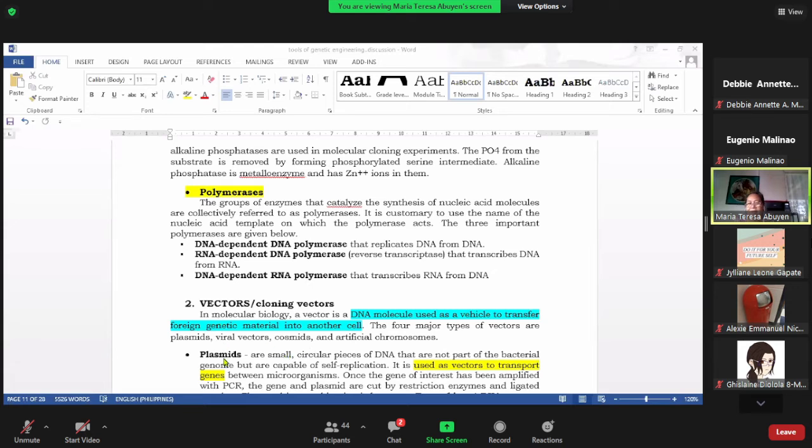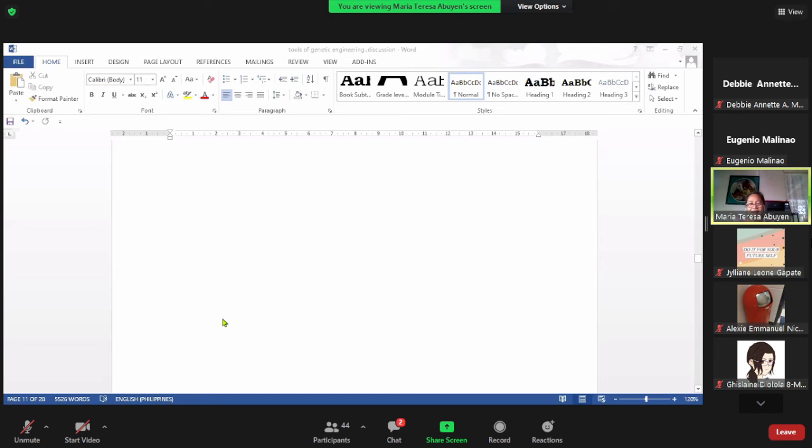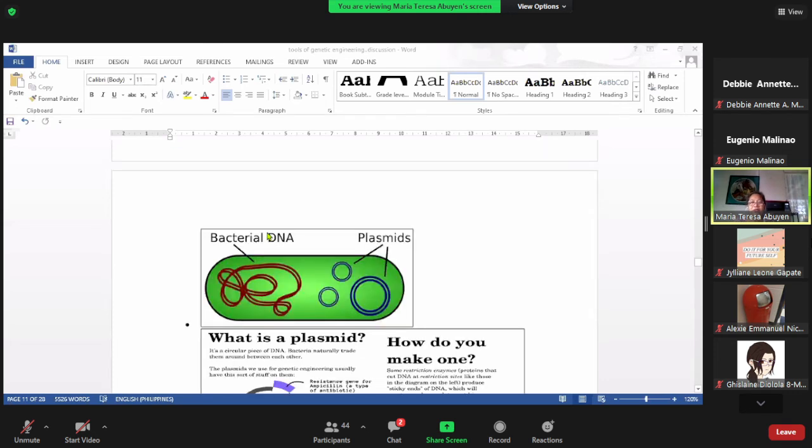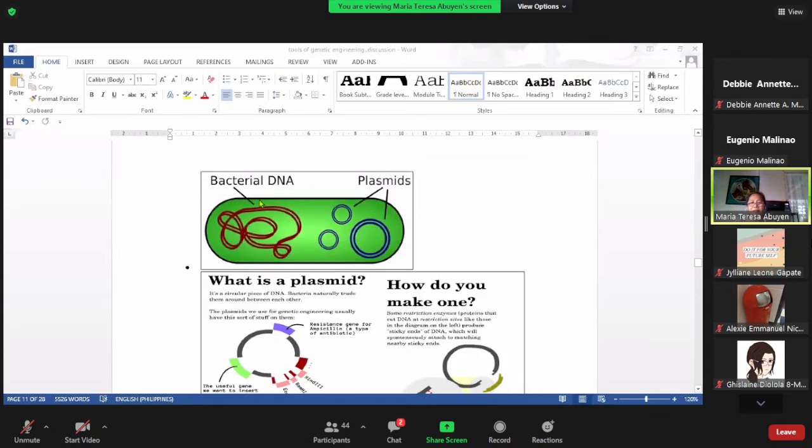DNA molecule again, a vector. When you say vector or cloning vector, it is a DNA molecule that is used as a vehicle to transfer foreign genetic material into another cell. Let's take plasmid as a vector. Meron ako drawing. Okay, so we have it here. Plasmid in here. Let's take, for example, this one, a bacterium. Aside from the bacterial chromosome, may ada ito niya circular chromosome, which we call as plasmid.